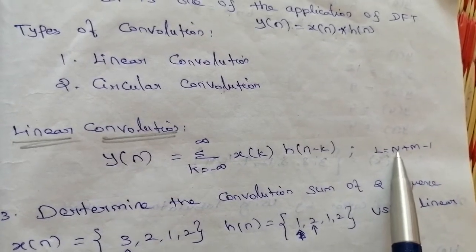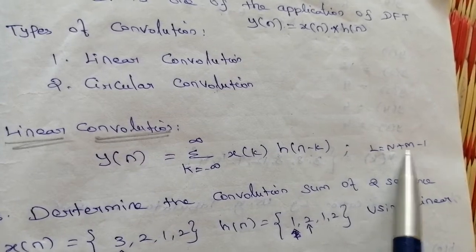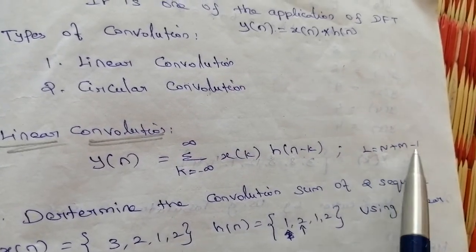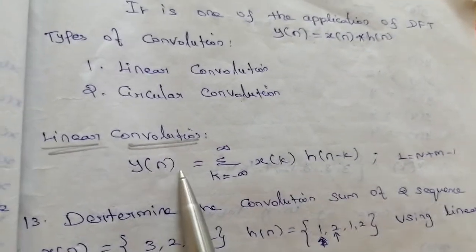N is the length of the first sequence x of n, and m is the length of the second sequence. Adding both lengths and subtracting 1, we get the total length of the sequence y of n. So let's see the problem on linear convolution.